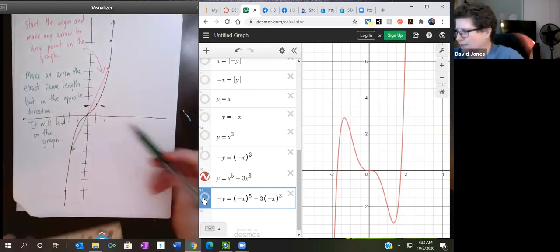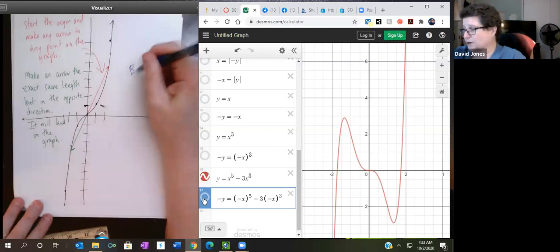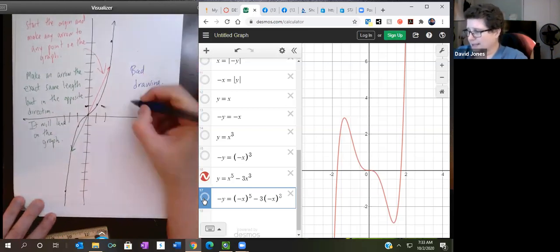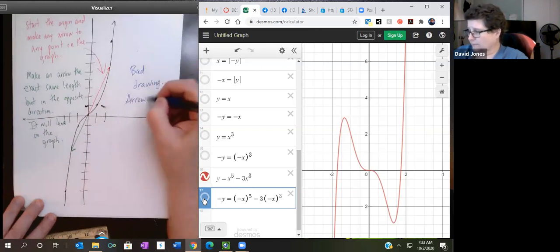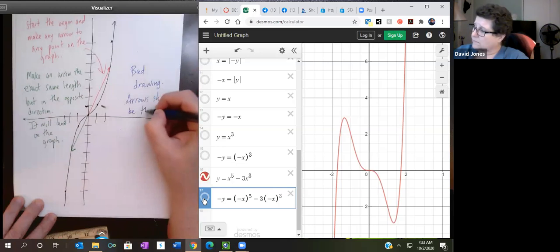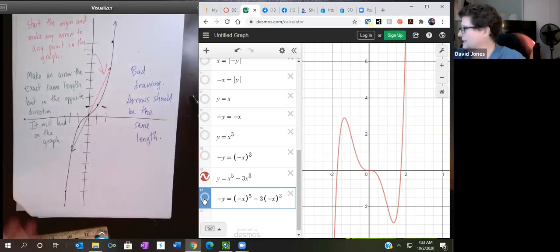Now, if I had drawn these better, this would look good. This is a bad drawing. Arrows should be the same length. If I knew Desmos a little bit better, I would do it on there. That's the idea of symmetry about the origin.